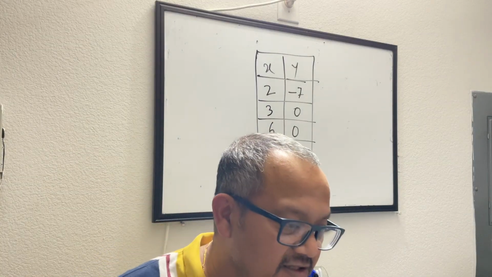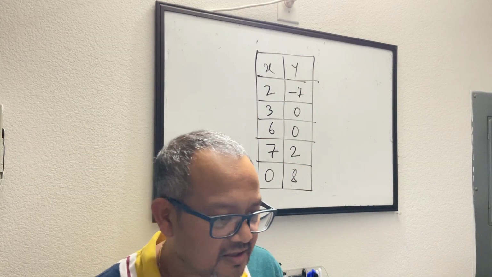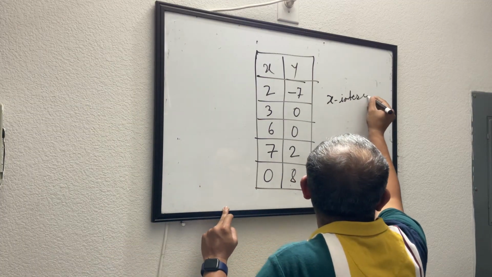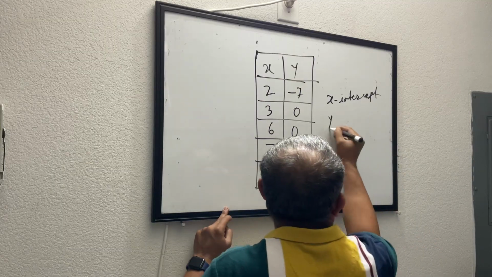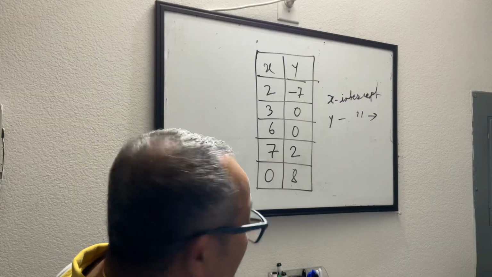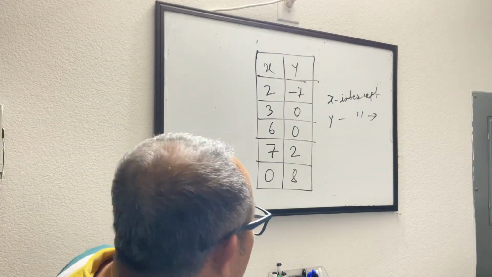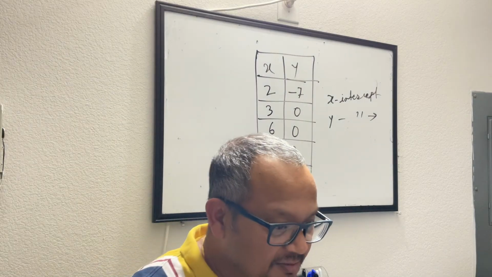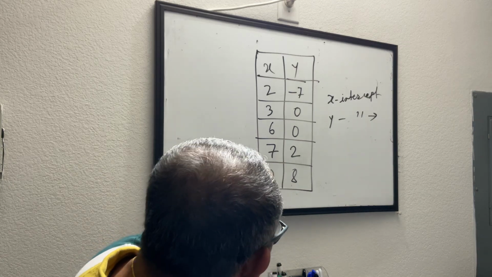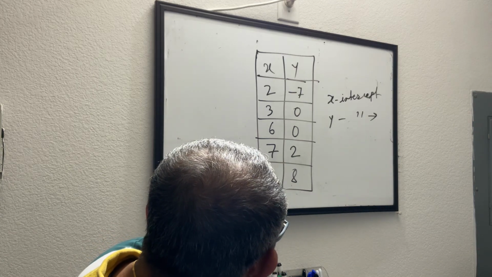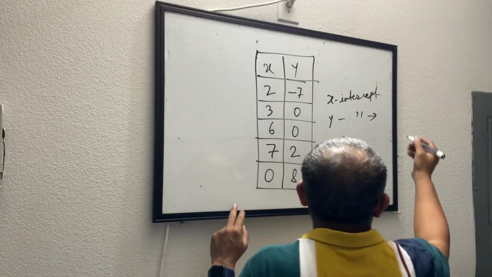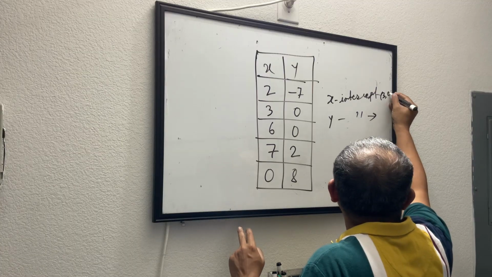Okay, let's see what Ashrita says. For x-intercept, I think it would be 3, where x is 3 and y is 0, and also 6, where x is 6 and y is 0.